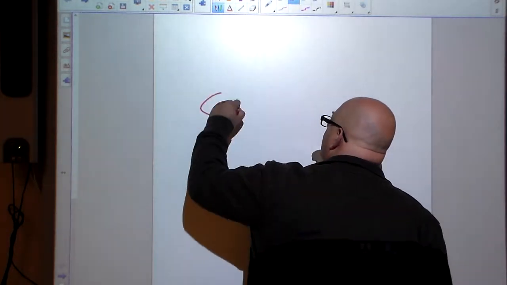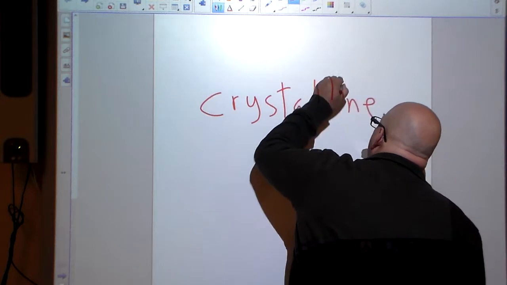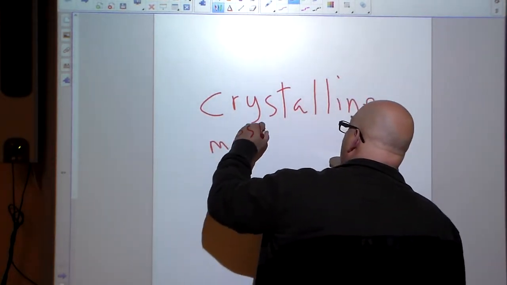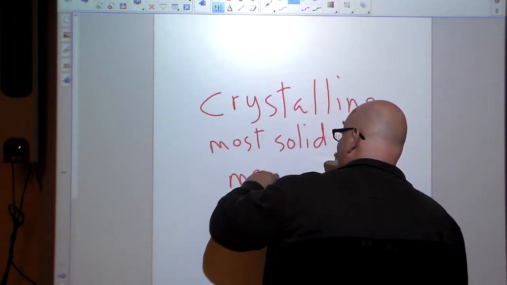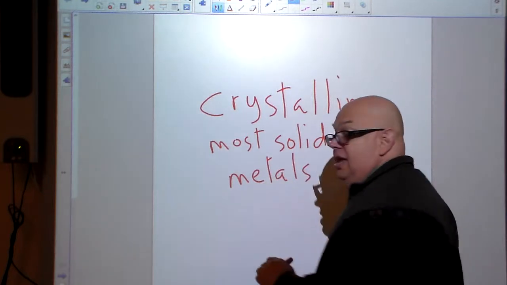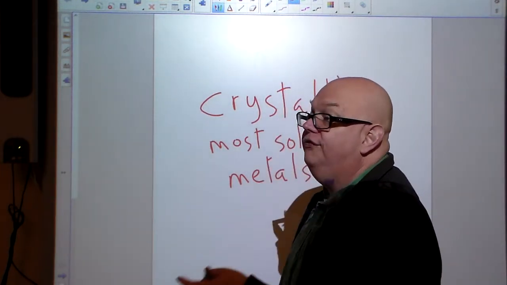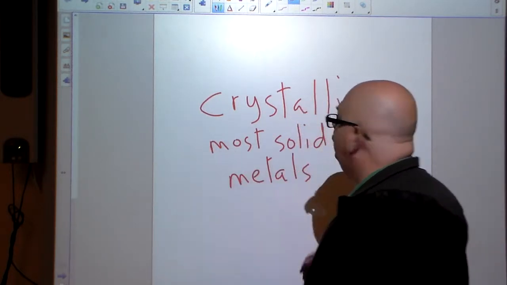Whereas when we look at something that is crystalline, this is most solids, for one thing. Metals are also crystalline. Even if we shape the metal that we find in our cars, phones, frying pans, window frames, it's a crystalline structure.